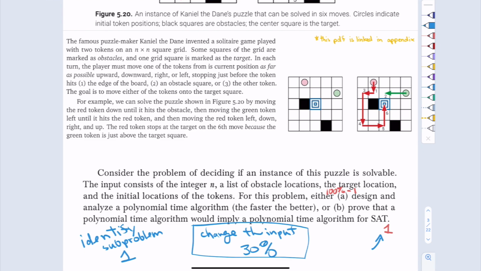That would be a total of n squared links. That's n squared G and n squared links, and each link can contain like n.